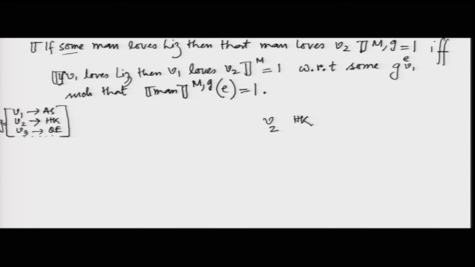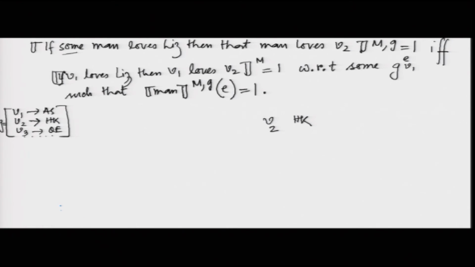So the point is, if we find one E which is at the same time a man, and if E, HK belongs to the denotation of L, then this will be 1. So how to find it? So there are 4 individuals. Let us try to do our exercise again.